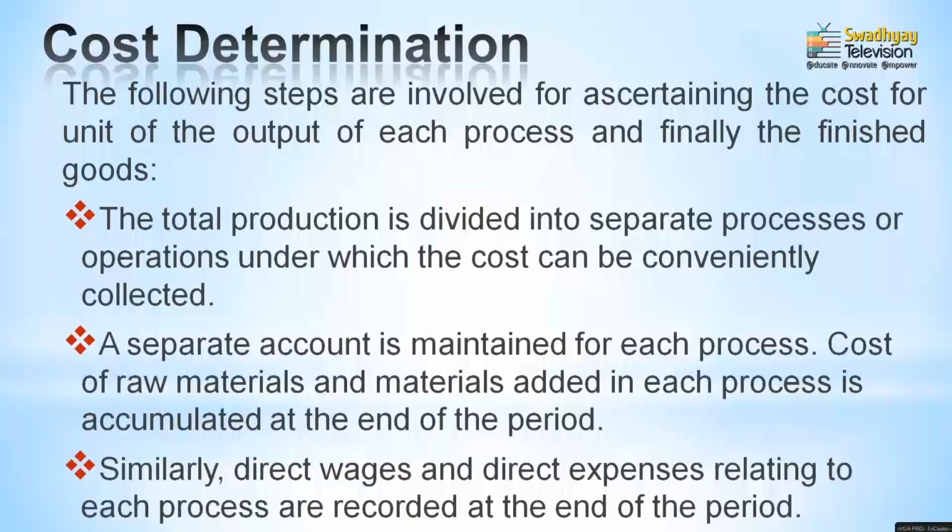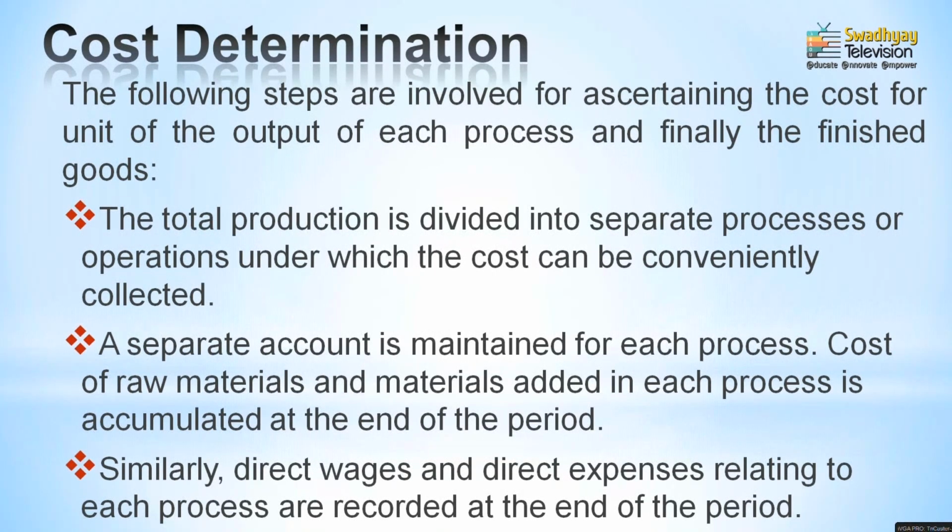In this way the total expenditure and cost are identified in each process. A separate account is prepared for each process, the raw material and other expenditures are recorded at the respective process, and at the end of each process period the total amount of expenditures is determined. Now next, as I already mentioned, there are three elements.